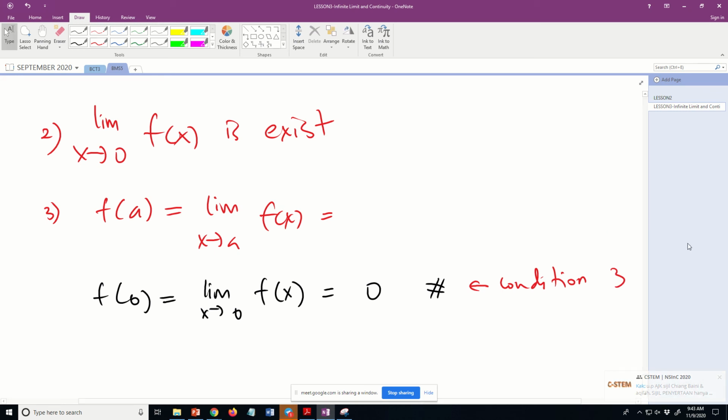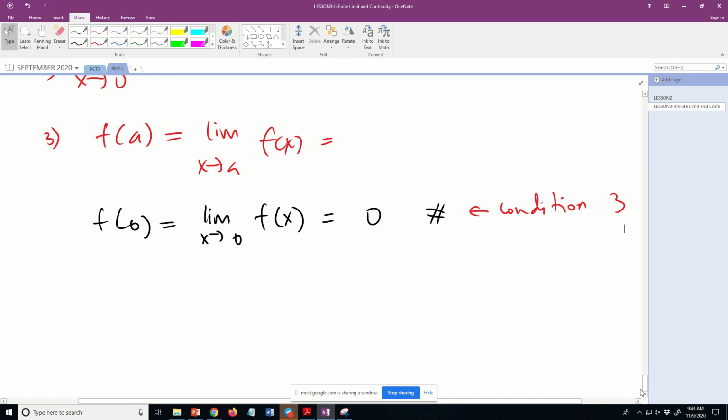Okay, next I go for conclusion. Saya mesti kena buat conclusion. What is our conclusion? So based on this, we can do conclusion then. Apa dia? Limit, function fx.